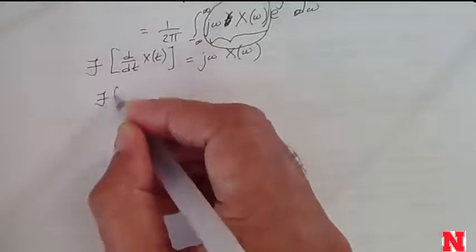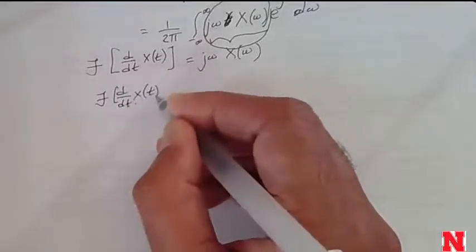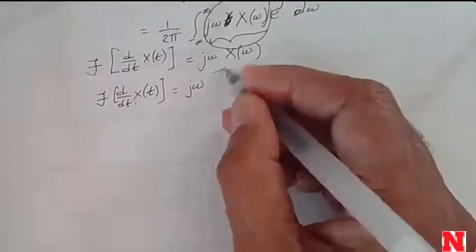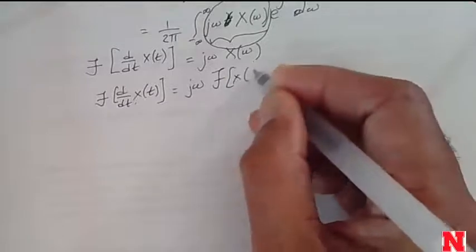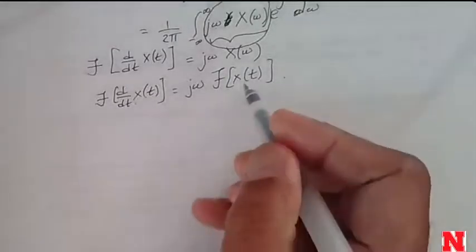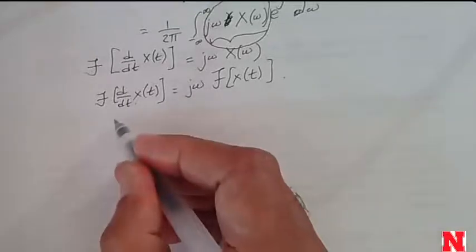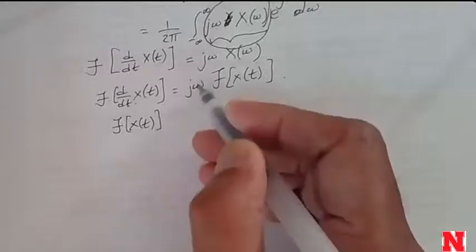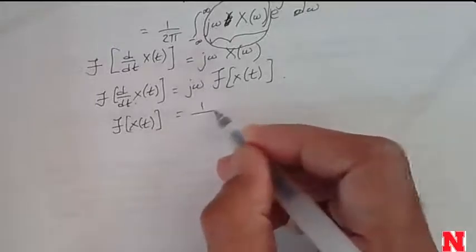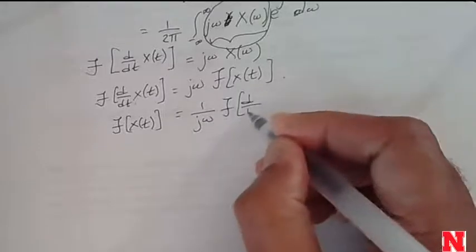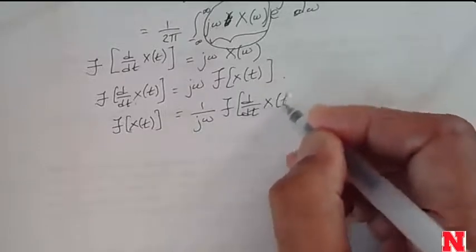The Fourier transform of d by dt x of t is equal to j omega times x of omega, which is just the Fourier transform of x of t. So I can switch sides and say the Fourier transform of x of t is equal to 1 over j omega times the Fourier transform of d by dt x of t.